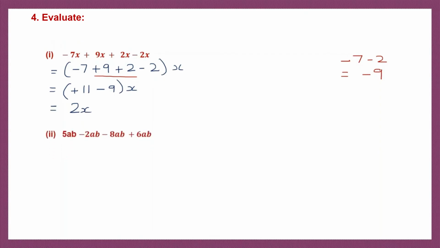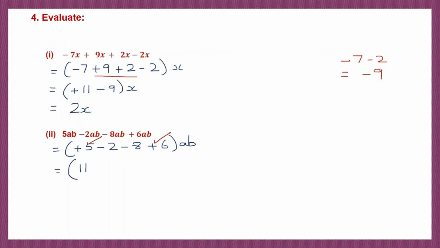5ab minus 2ab minus 8ab plus 6ab. Again we have like terms: plus 5, minus 2, minus 8, plus 6ab. So take the numbers with the plus sign first: plus 5 and plus 6. 5 plus 6 is 11.